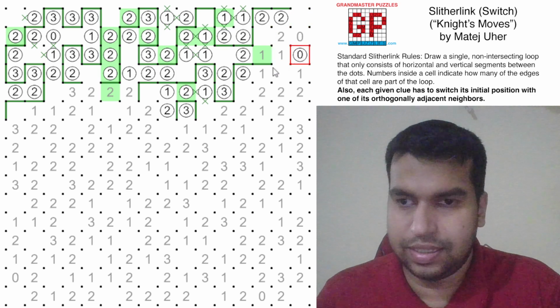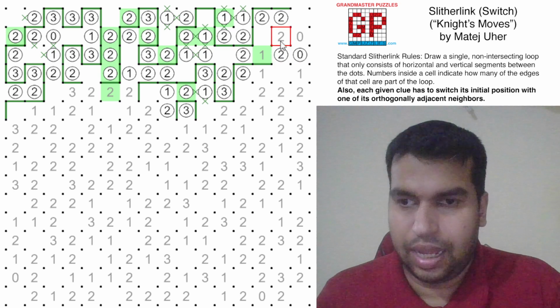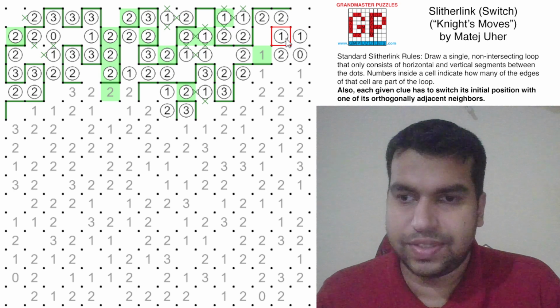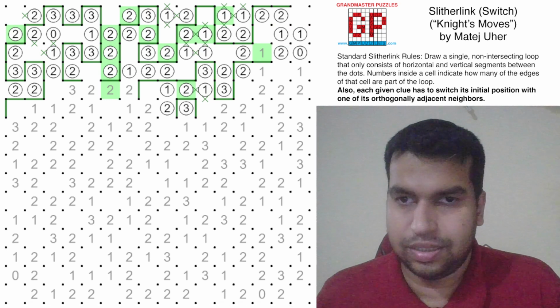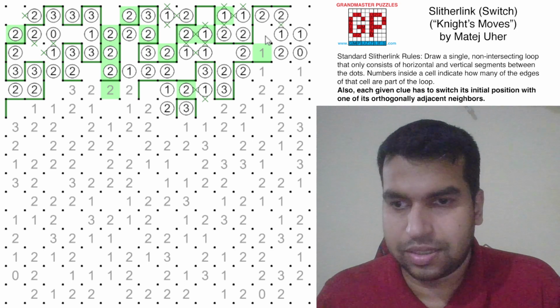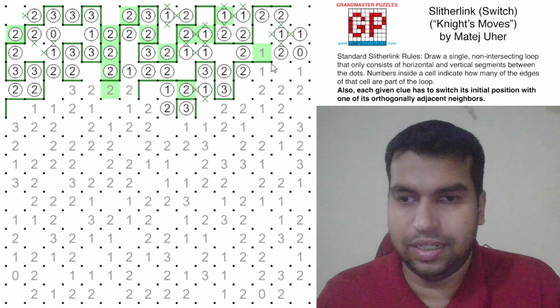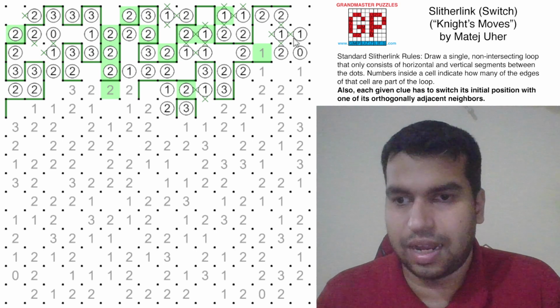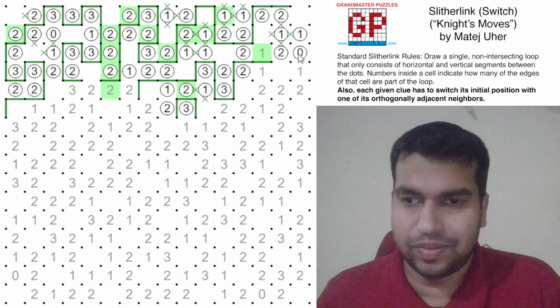So if this is a 0 and a 2, and if this is a 1 and a 1, you can kind of see the immediate issue, because a 1 over here with a 0 over here and a 2 over here that's completed means that it has crosses all around it. That's one way to see it. There's many ways this area just can't happen. So this is one of those ways.